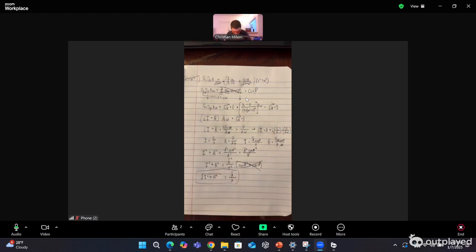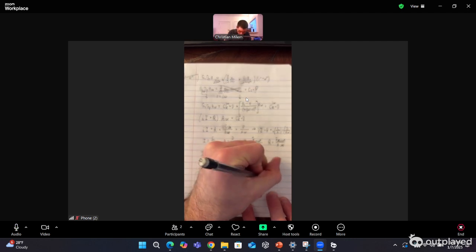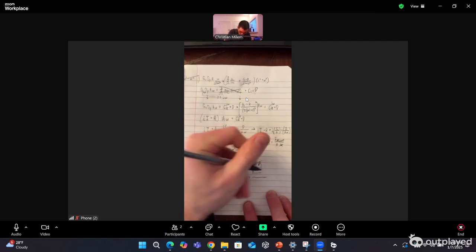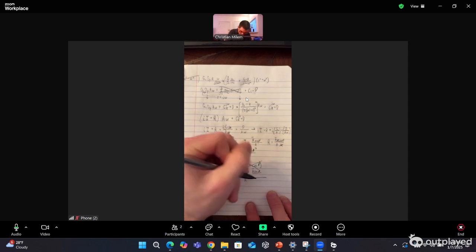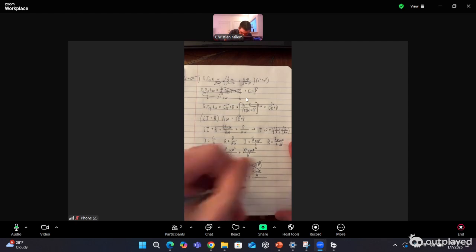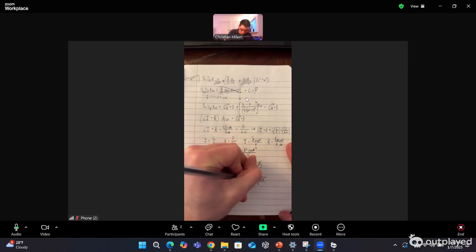Then we can also say that I divided by R equals new amplitude sine phi over A over amplitude cosine, or sorry, new amplitude cosine phi over A. So these, of course, cancel out.